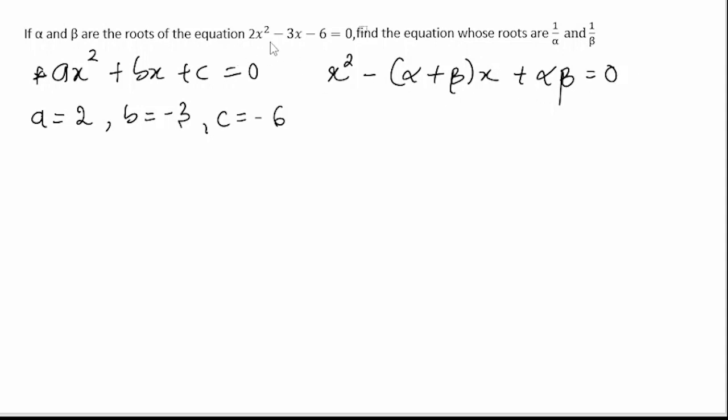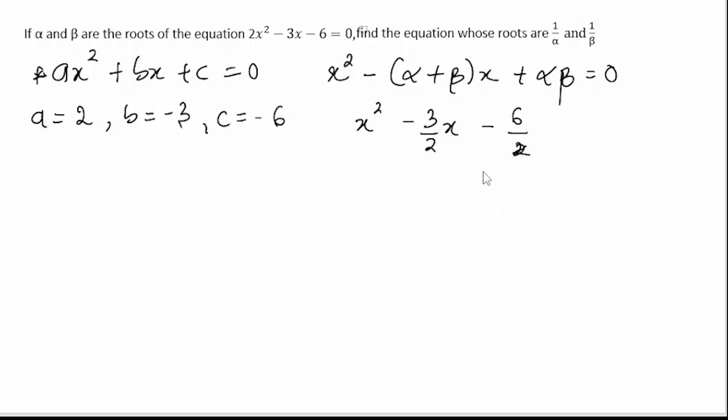To make the given equation look like this, we have to divide all through by 2. If we divide all through by 2, we are going to have x squared minus 3 over 2 x minus 6 over 2.